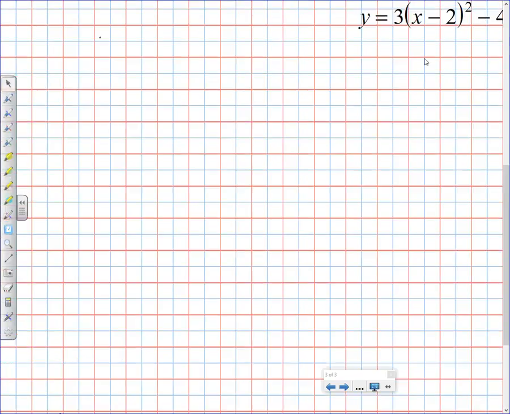First thing I need to do is find the a, the h, and the k value. To help me, right underneath I'm going to write y is equal to a, parentheses x minus h quantity squared, plus k.